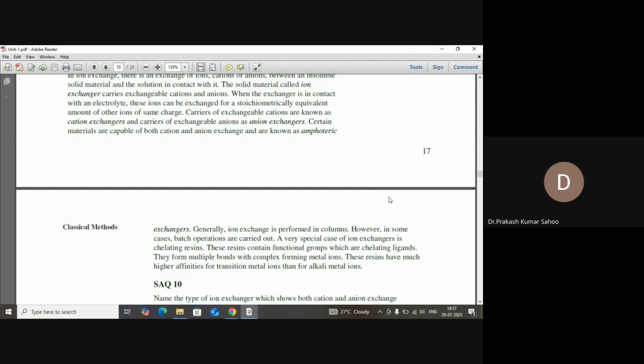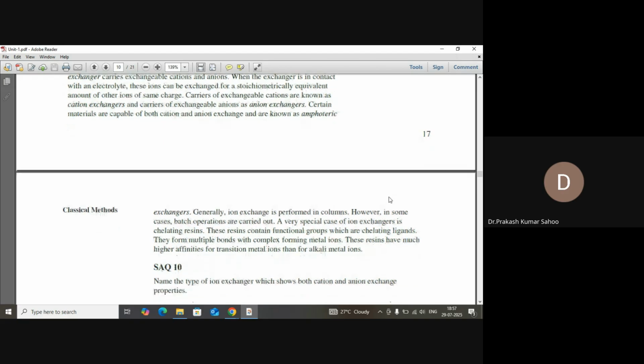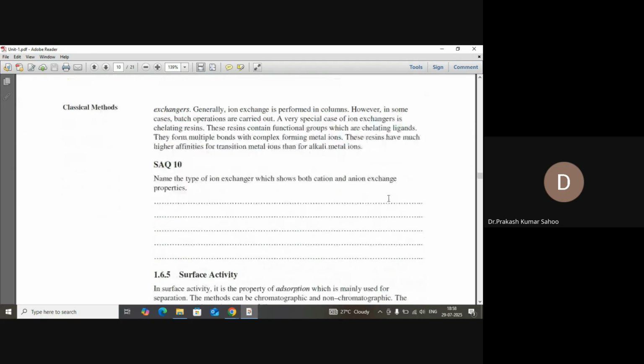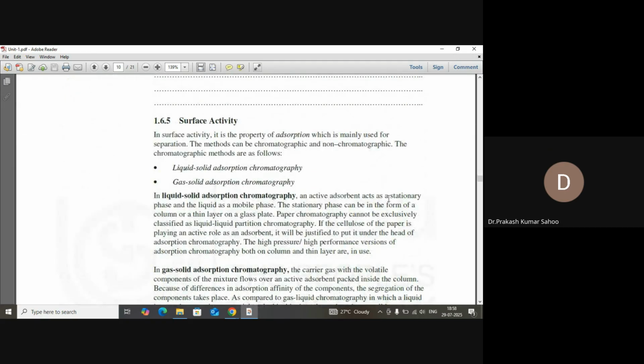And reverse osmosis is the phenomenon which takes place for separation of different insoluble components or particles in ordinary water, which get separated, and we are getting the drinking water.